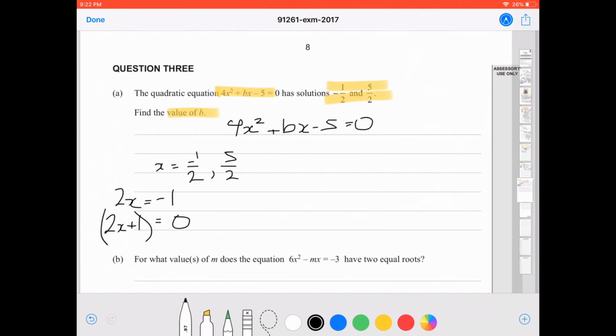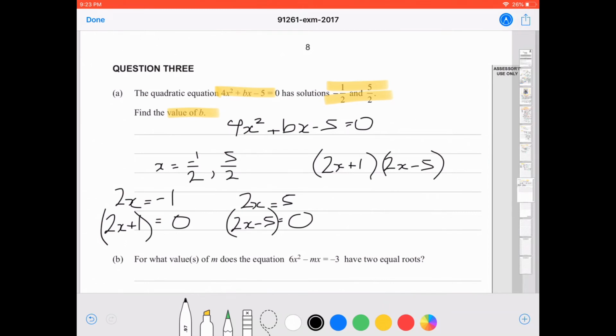So similarly, for our second solution, 5 over 2, 2x equals 5, and so 2x minus 5 equals 0. And this is another factor. So if we've got two sets of brackets here, basically this is the factorized form of this quadratic. We are going to expand these brackets and hopefully find the value of b.